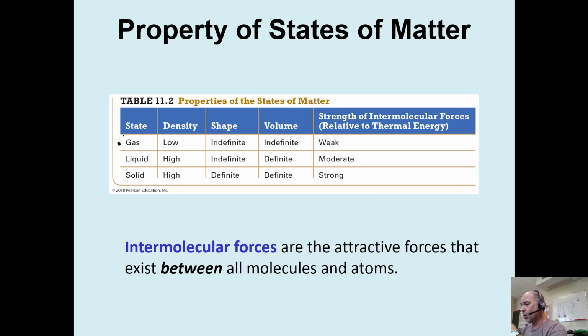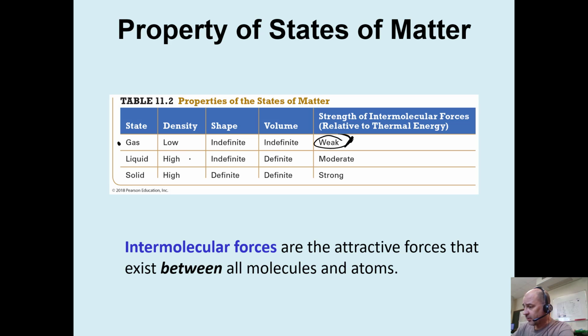It can go anywhere. It's mobile. And the volume is also indefinite. And the intermolecular forces here, this is really important, are weak. For the liquid, we have moderate forces, but much stronger than those in the gas, because there are basically none in the gas phase. And in the liquid, of course, the density is much higher.